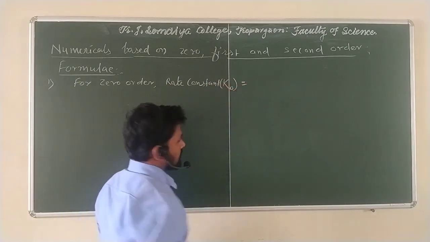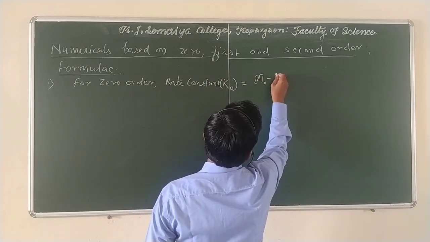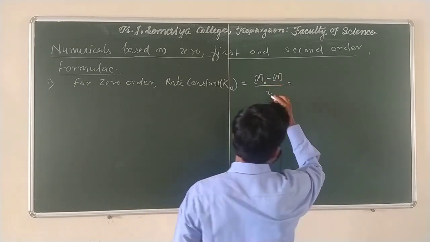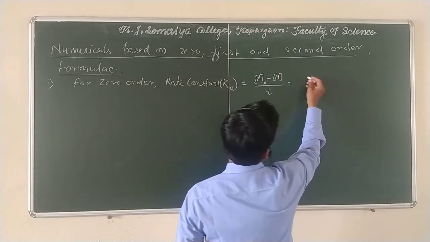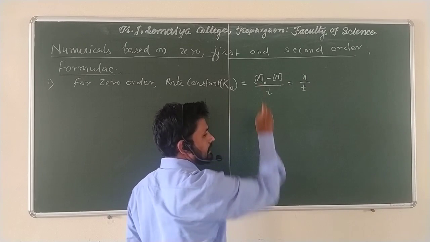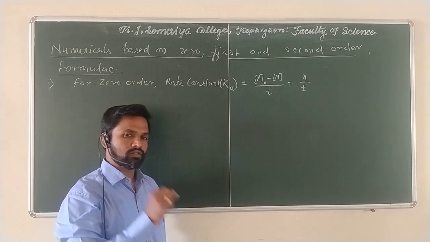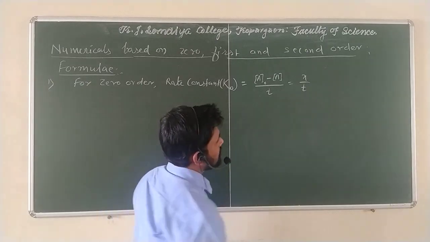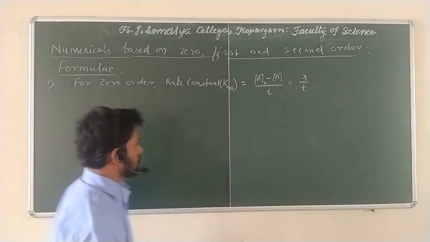K0 is equal to concentration of A0 minus concentration of A upon T. If you substitute the values, A0 is the A, concentration of A is nothing but A minus X. After solving, you will get X upon T. Here A0 is the initial concentration, and concentration of A is the remaining concentration of the reacting molecules at time T, and T is the time required. After you simplify, you will get X upon T. X is nothing but the product concentration.